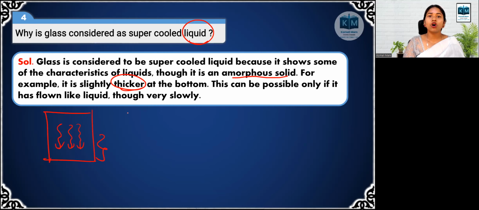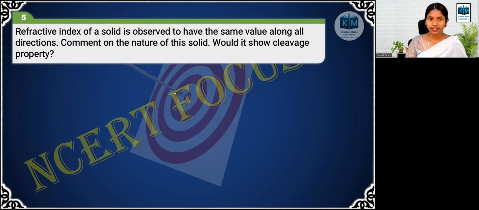That is the reason we call it a supercooled liquid. This can be possible only if it has flowed like a liquid, though very slowly, not fast like a liquid. A little slight movement we observe. That's why supercooled liquids.